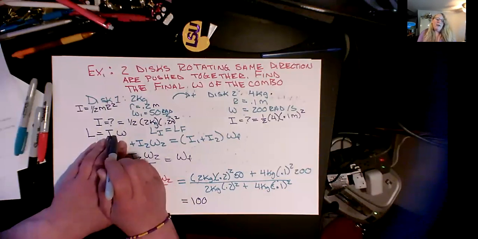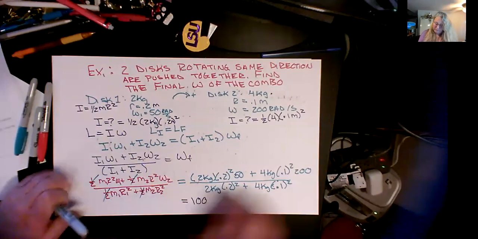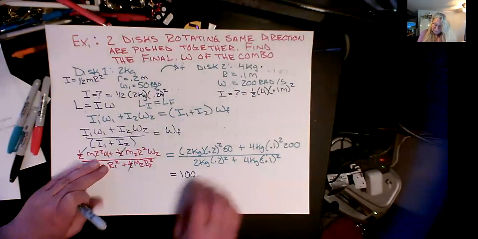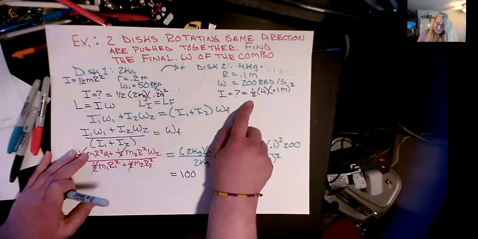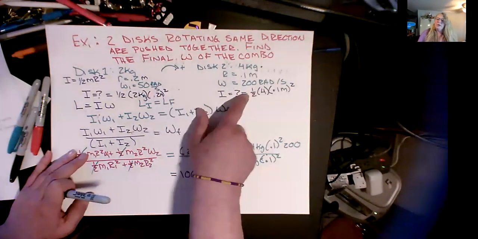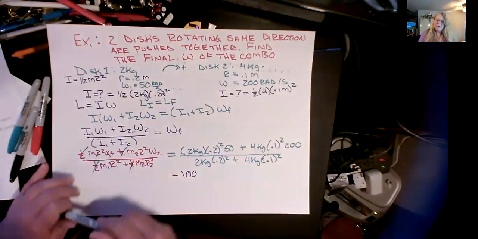If my final R is smaller, everything but the radius cancels out, and I end up with a larger omega. Pretty cool. The one question I want you to figure out yourselves is what happens if this one was rotating in a different direction? Instead of both of them going in this direction, what would happen if this one was going that way? Play with that and let me know what you come up with.